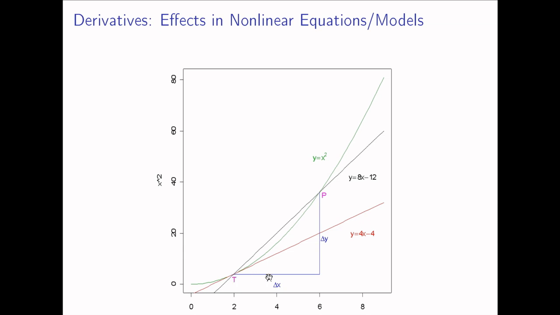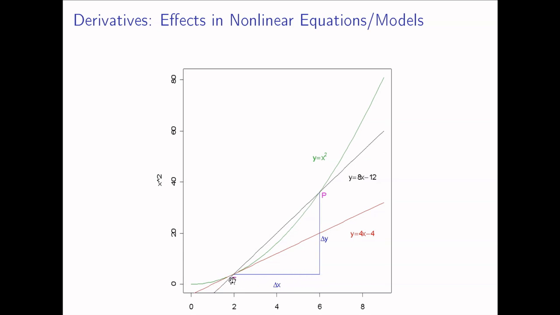That would imply I'm going to decrease delta x to a very, very small amount, very close to that point. And that's going to be equivalent to the slope of the tangent line, tangent to y equal to x squared.